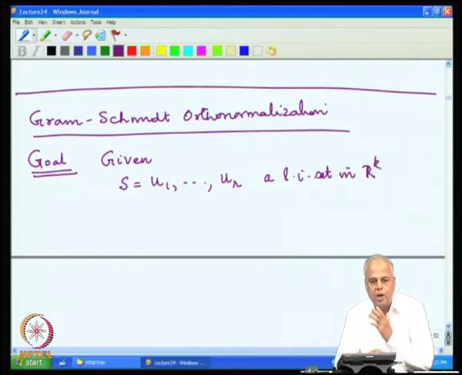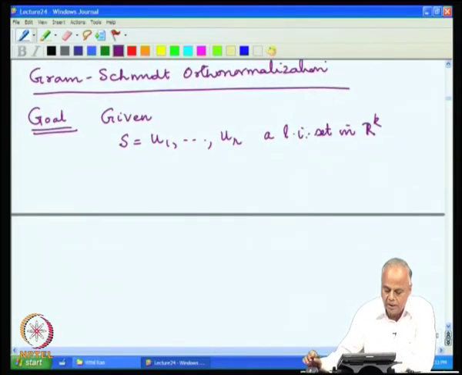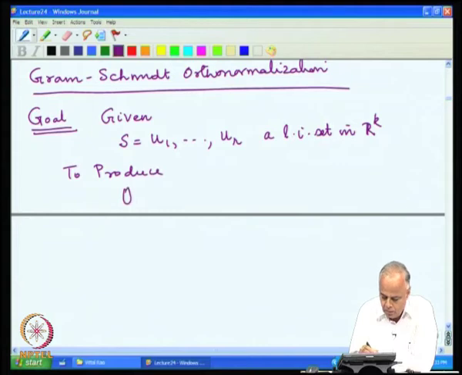We start with a linearly independent set in R k. So, this is the starting ingredient. Now, we must do something with this, then we want to produce OS. O stands for orthonormal, S stands for that you start with this set S.